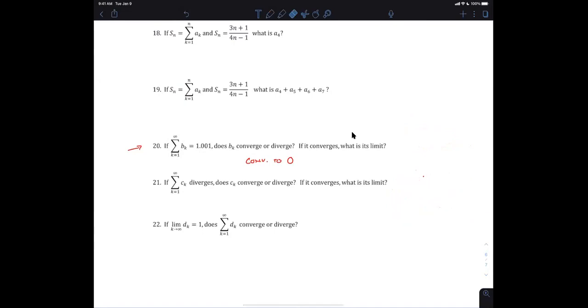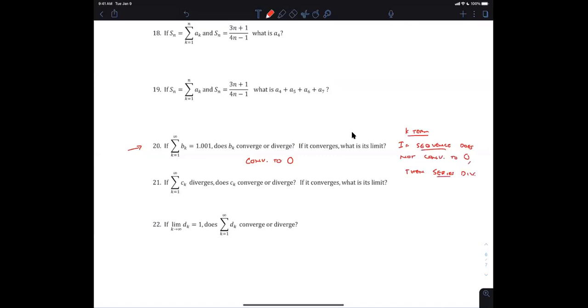So what the k-term test says is that if the sequence does not converge to 0, then the series diverges.